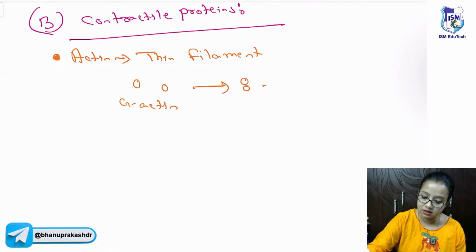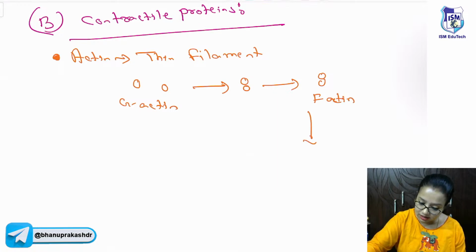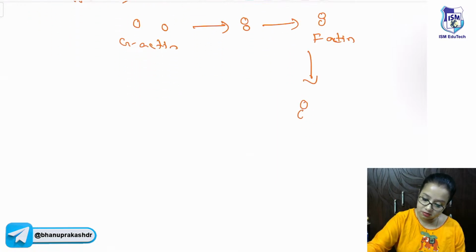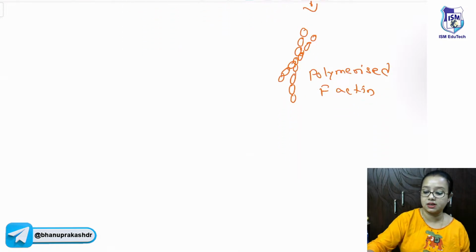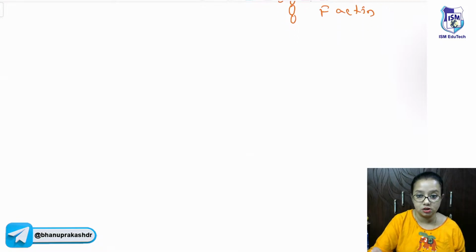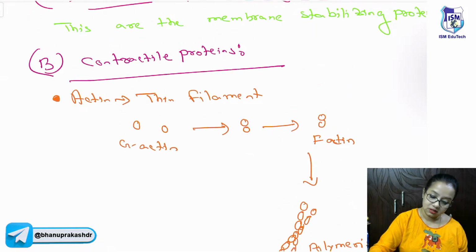Then they form the dimer. From there, they form F-actin. Now, it is the F-actin that undergoes polymerization. This polymerized F-actin is a mature actin filament. Okay, this is the actin.